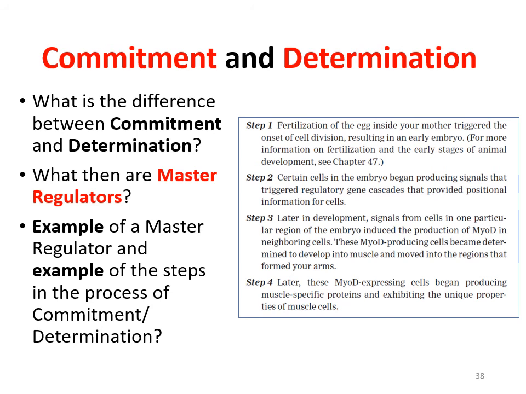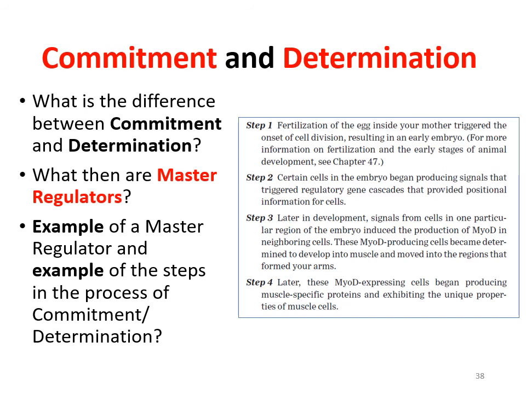Now I am said to be a determined cell, okay? So commitment is technically reversible early on. The difference with determination is you are now locked into that differentiated cell, that exact specific cell that you are going to become, okay?